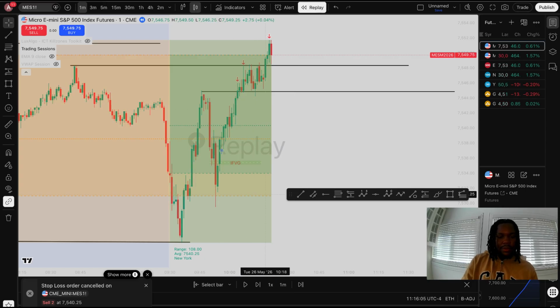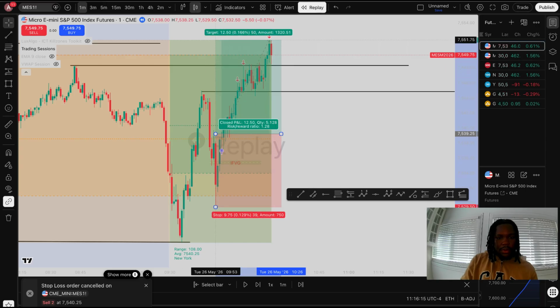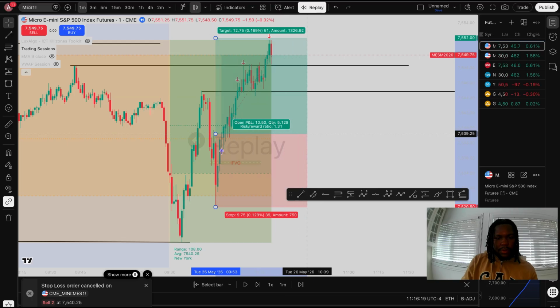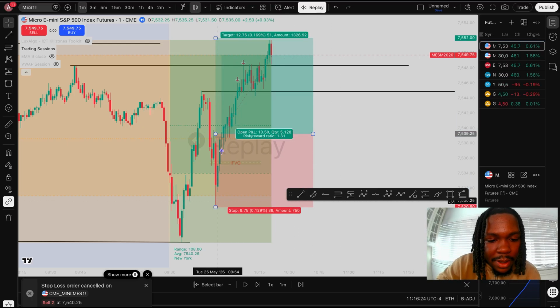Let's see the ratio on that trade. We entered longs here. Let's see what our risk reward was. Risking this much to make this much, which is a 1.3 risk to reward, which is not bad. Not bad at all.